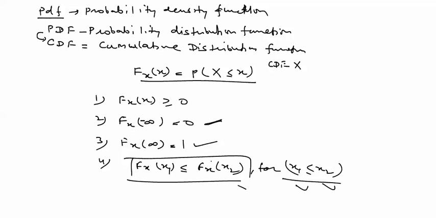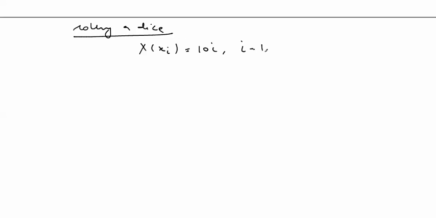We can understand this through an example: rolling a dice. Some randomness is given to us. Sample space: rolling a dice has 6 outcomes, i equals 1 2 3 4 5 6.